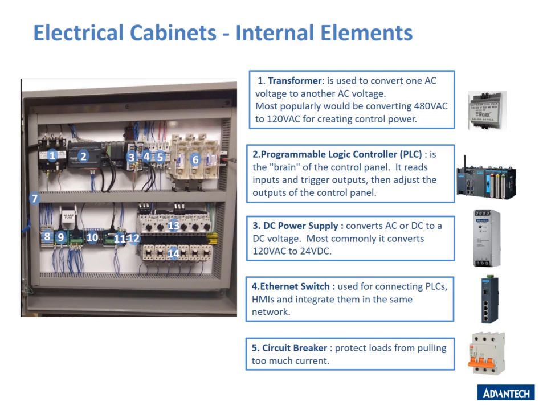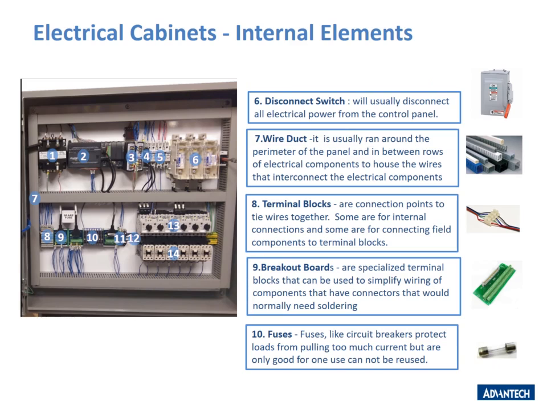Ethernet switch is used for connecting devices such as PLCs, HMIs, and integrating them into the same network. 5. Circuit breaker protects loads from pulling too much current and helps to prevent possible damage to the whole system. 6. Disconnect switch. It will usually disconnect all electrical power from the control panel.